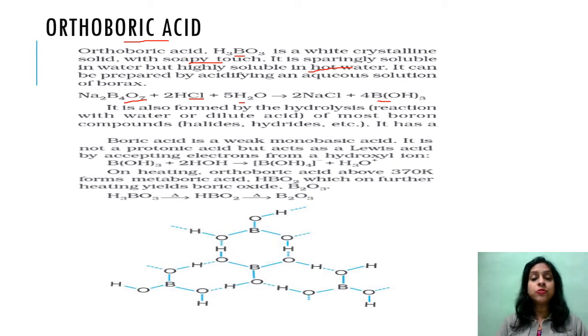It usually has a layer type of structure. As you can see here, इसका कैसा structure होता है? Layer wise. It has a layer structure in which BO3 units are joined by hydrogen bonds.